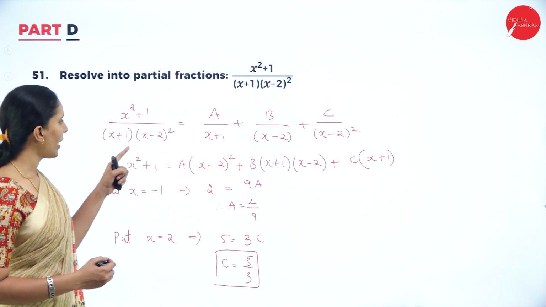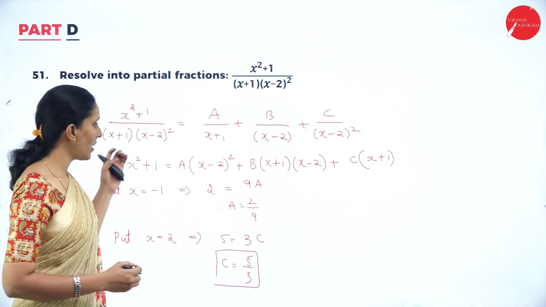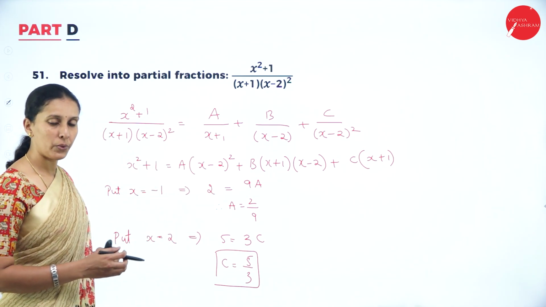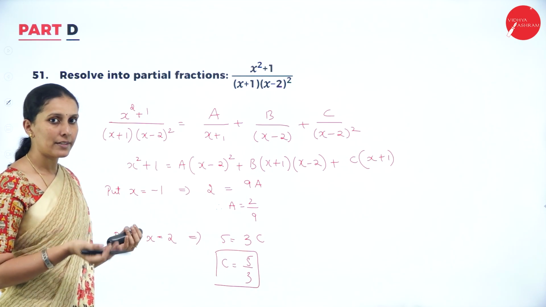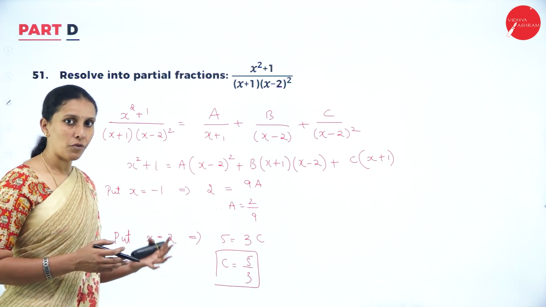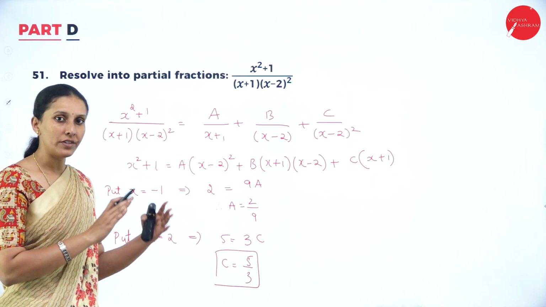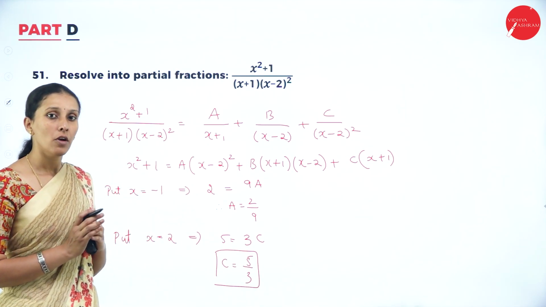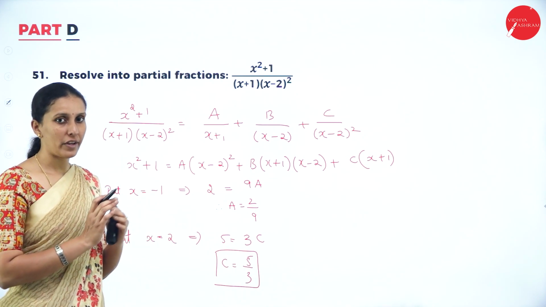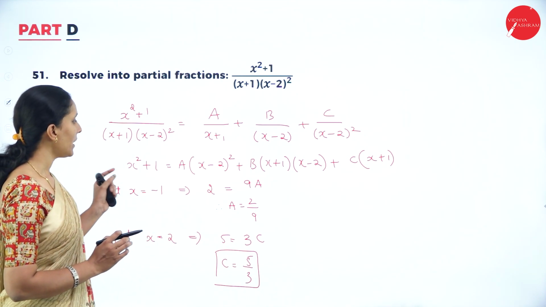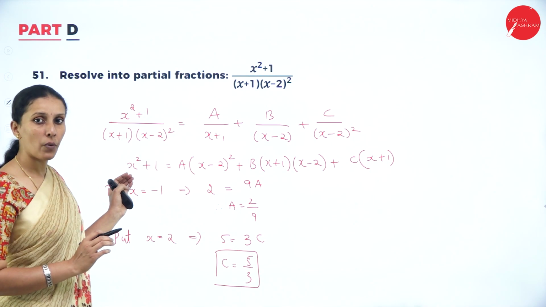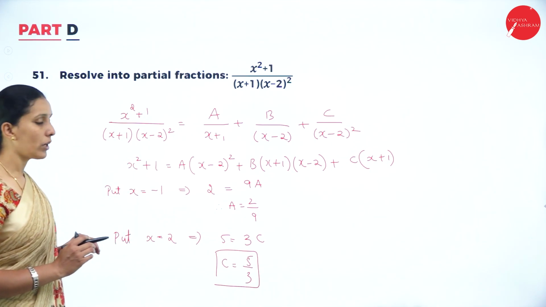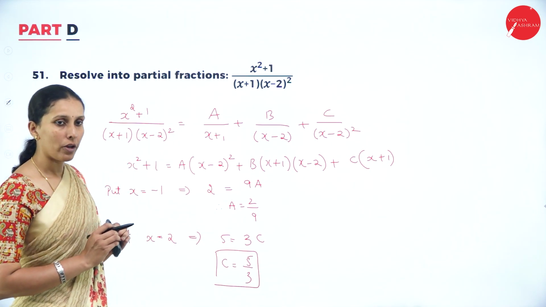Next, either you can take x is equal to 0 because there is no other linear factor to equate to 0, or we can follow the method of equating the constants on both sides, equating the coefficients of x on both sides, or equating the coefficients of x square on both sides. So let me equate the coefficients of x square on both sides.